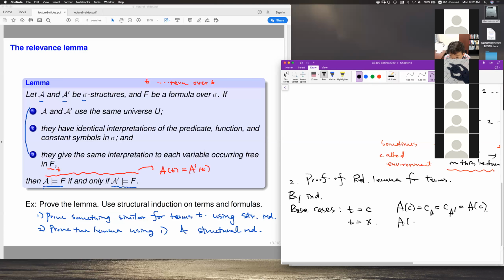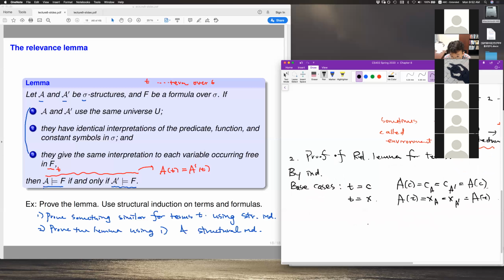For variables, it's going to be the interpretation of that variable in A, but X is a free variable appearing in term T. So A and A prime should give exactly the same value. So this is also the case. And then the last case is T is a function application.